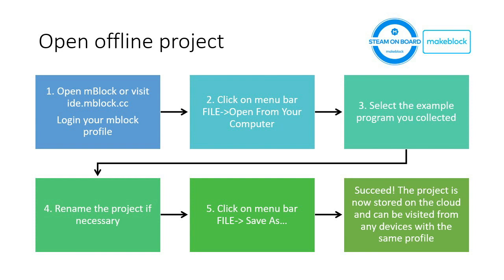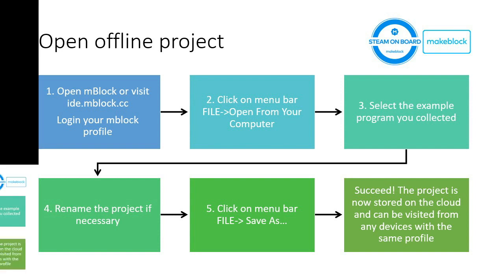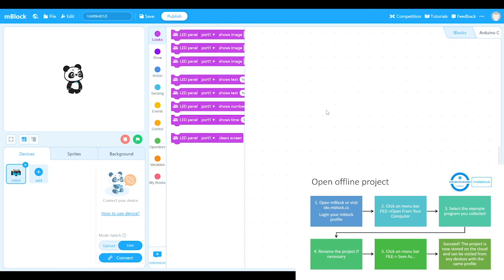So how do we make sure these offline project files can be stored on the cloud storage for the students specifically? All you need to do is to open your mBlock or visit ide.mblock.cc and then log in to your profile first and make sure that you can see your profile on the top right corner.